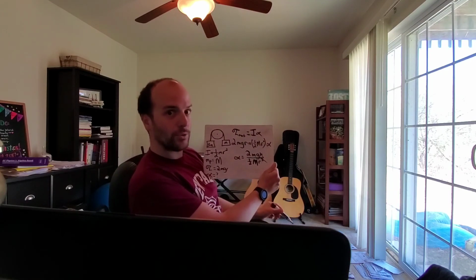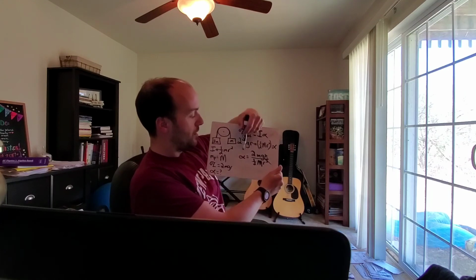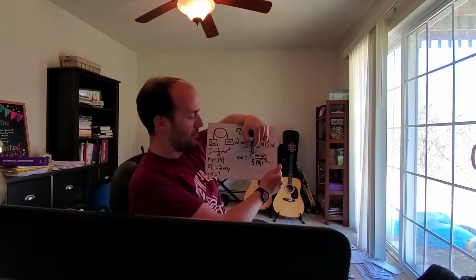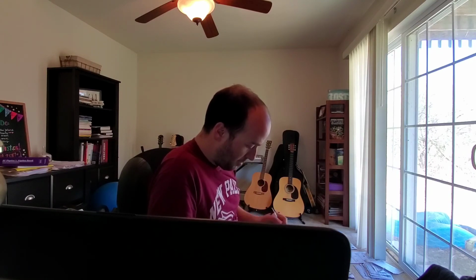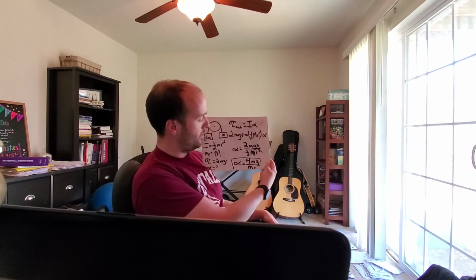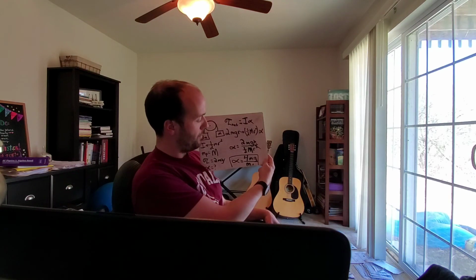We cannot cancel those out. Then we have 2 divided by 1/2, so it's effectively 2 times 2. So I can simplify this to be 4 times lowercase m times g divided by uppercase M times r. And here's our expression for our angular acceleration.